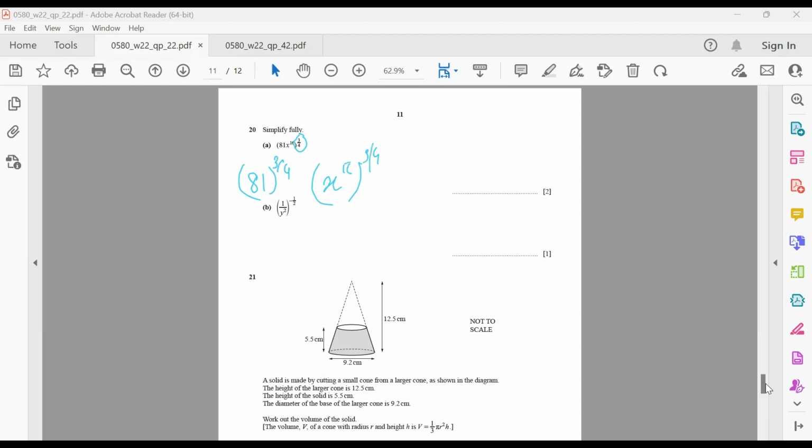Now when you have a power inside and a power outside, we multiply. So 16 into 3 by 4 will give you 12. So we get x raised to 12. And then you have 81 raised to 3 by 4, which should give you, I think, 27. So that is 27 x raised to 12.